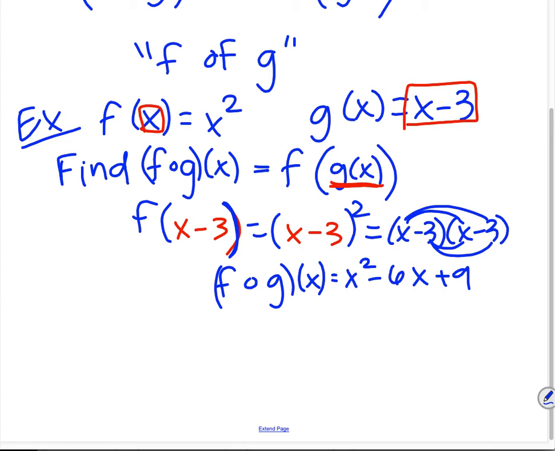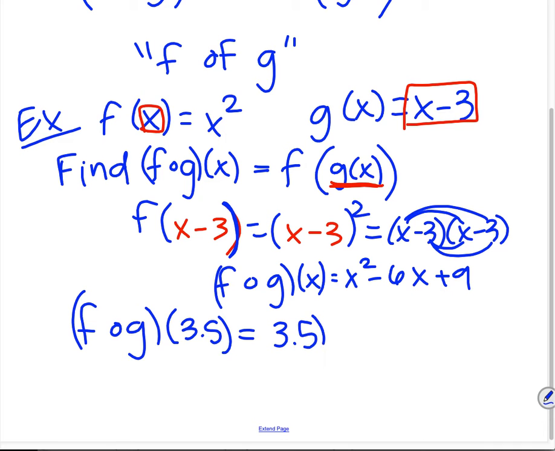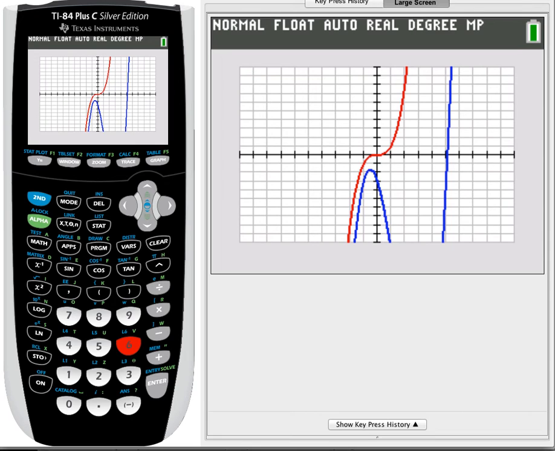You can also evaluate this for a value. So let's say I wanted to find f of g of 3.5, and there's 3.5 there instead of x. That means you'll plug in 3.5 for x in the f of g equation. So that would be 3.5 squared minus 6 times 3.5 plus 9.